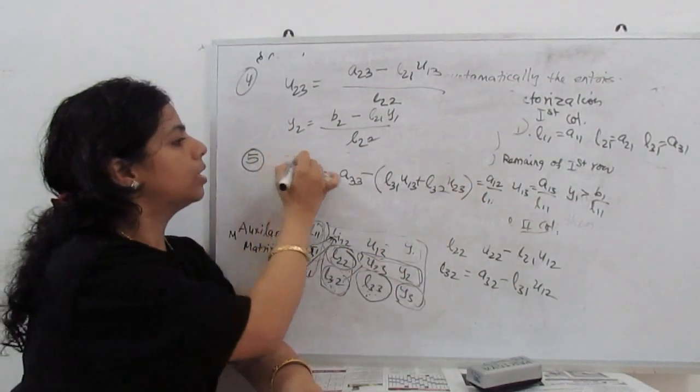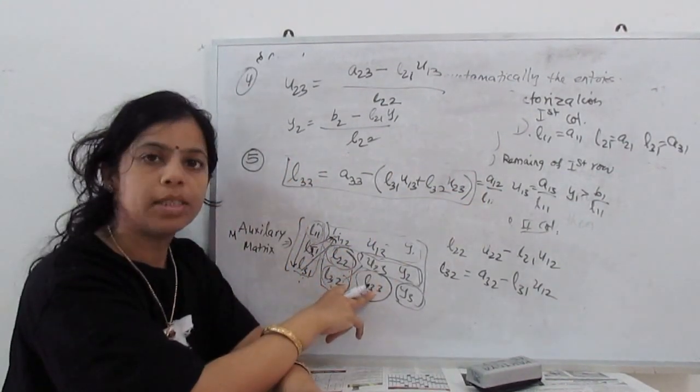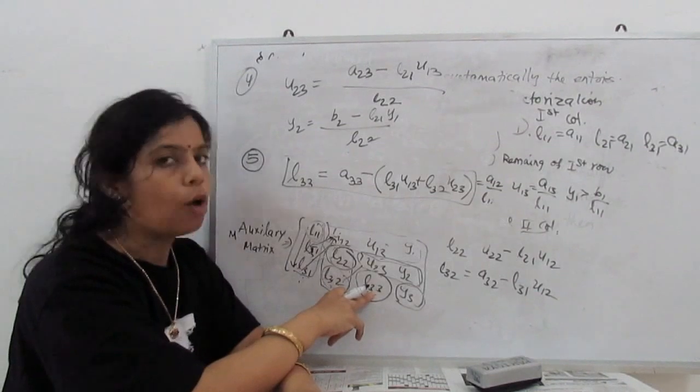Clear? So this is the last element of the third column.